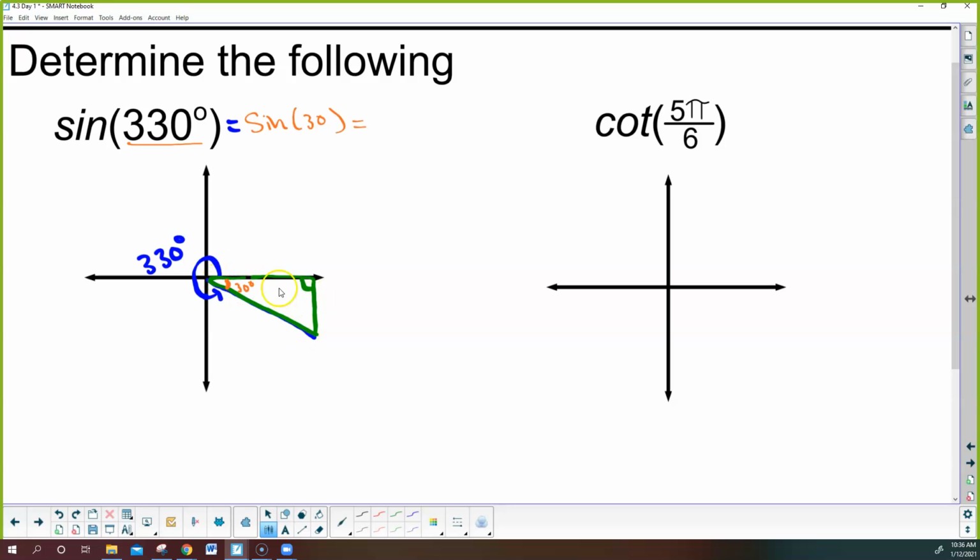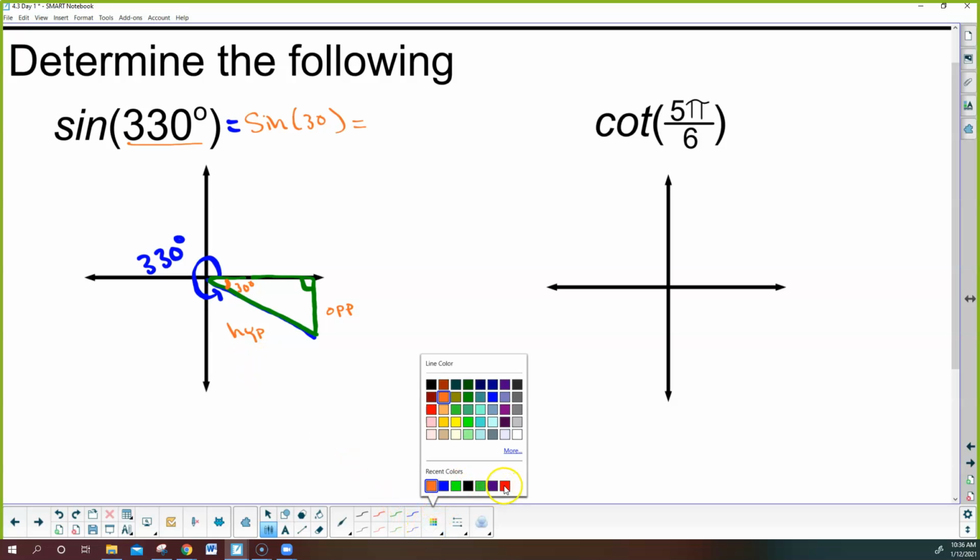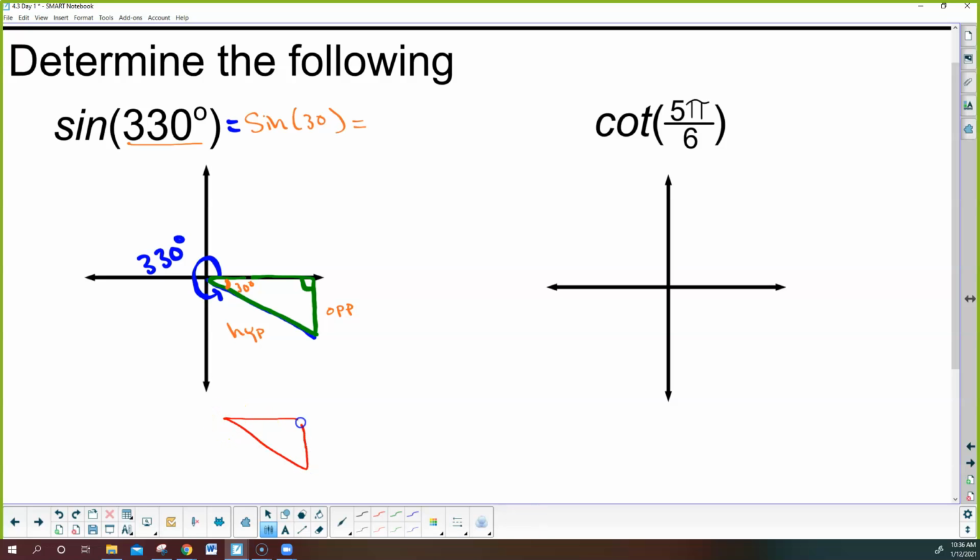So now, I want to look at sine, which is the opposite over hypotenuse. Remember SOHCAHTOA? And the only thing you have to know is what are those special side lengths for any 30, 60, 90?